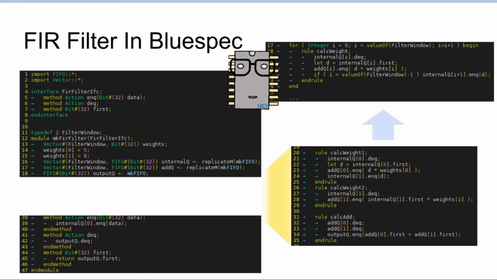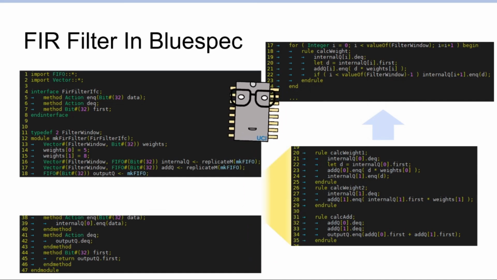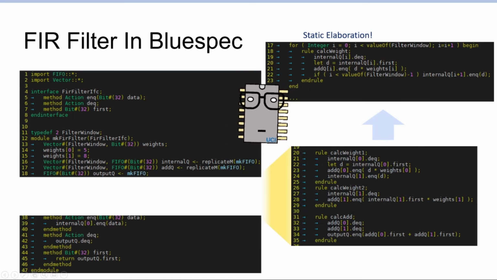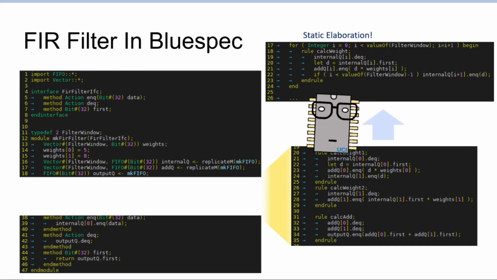Using this method to implement the adder tree is slightly more complicated because it's a logarithmic thing, so I don't show it here. This is an example of static elaboration in BlueSpec, and I don't mean to focus on this too much because I don't think this is an advanced feature that we necessarily need for the purpose of the labs.